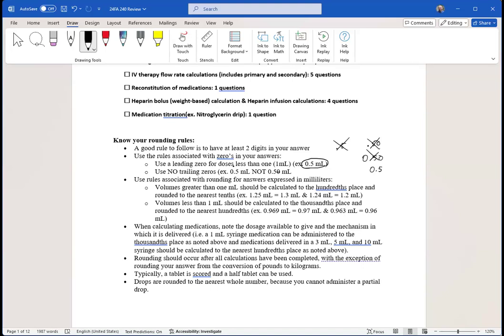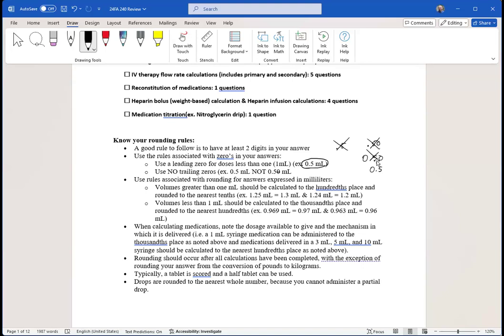That way, there's no discrepancy over whether the answer is 0.5, because I could think this is 5, I could think this is 50. You're just trying to eliminate all doubt, even though most everything is going to be typed up anymore. It's still what they want you to do.